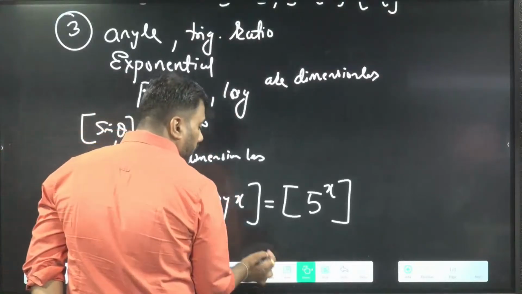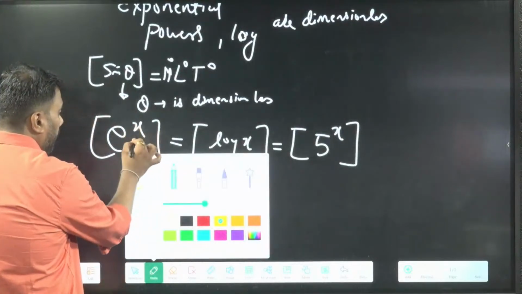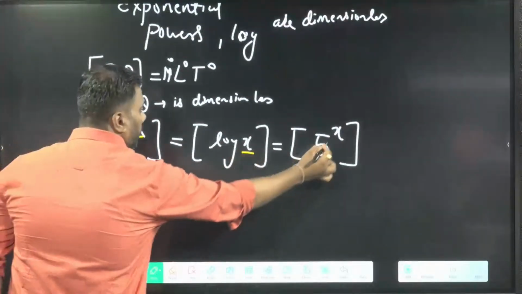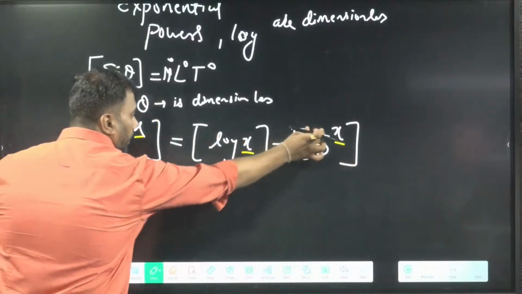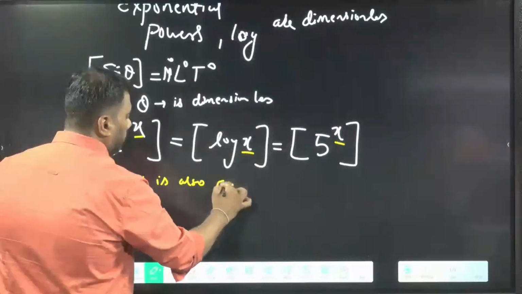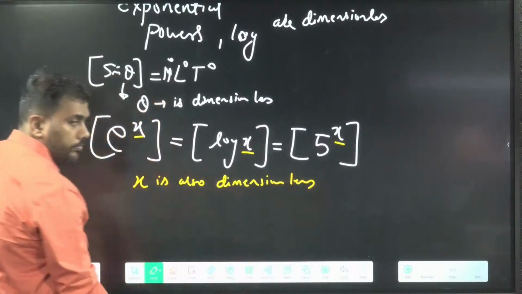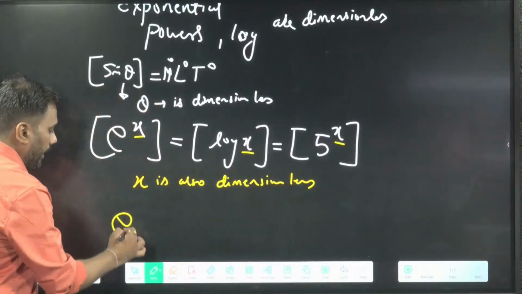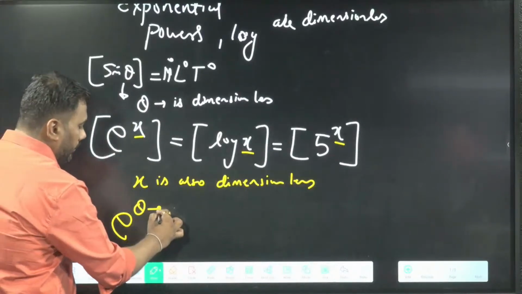In these expressions, the x which is in the power or in the log is also dimensionless. Suppose I write e to the power theta, then this theta must be dimensionless.